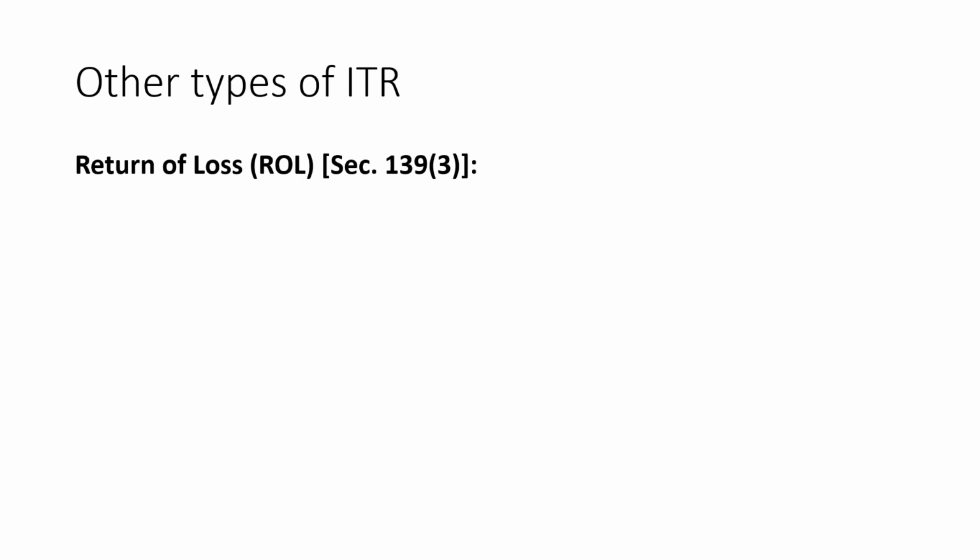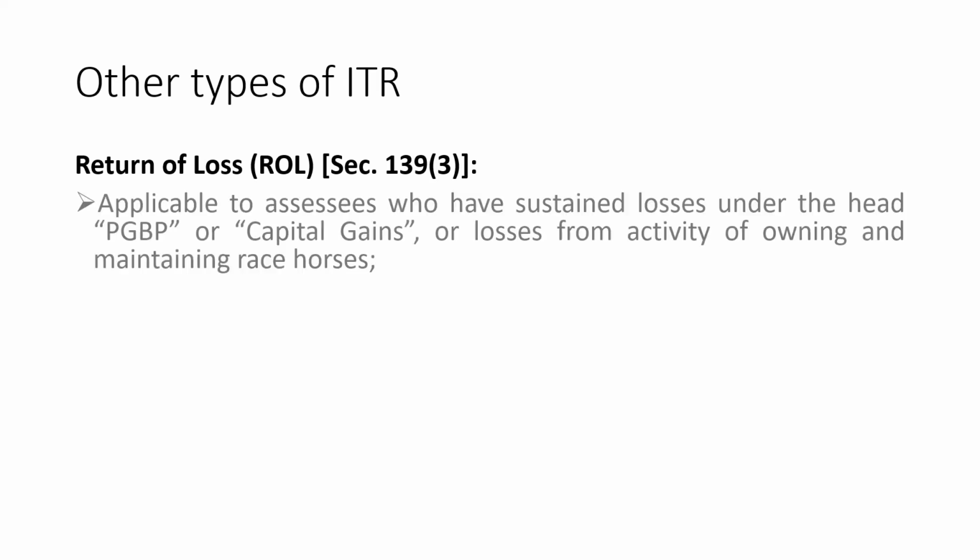The first of which is return of loss, which is covered by section 139 subsection 3 of the Income Tax Act. This is applicable for assessees who have sustained losses under the head profits and gains from business or profession, or capital gains, or losses from the activity of owning and maintaining racehorses.